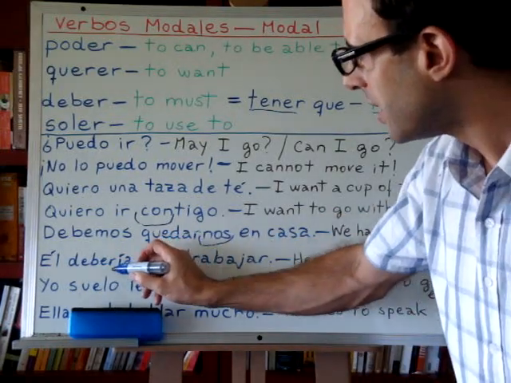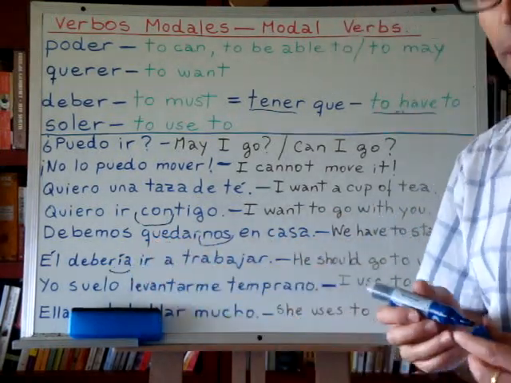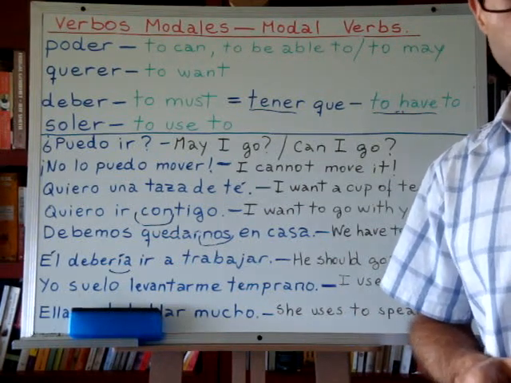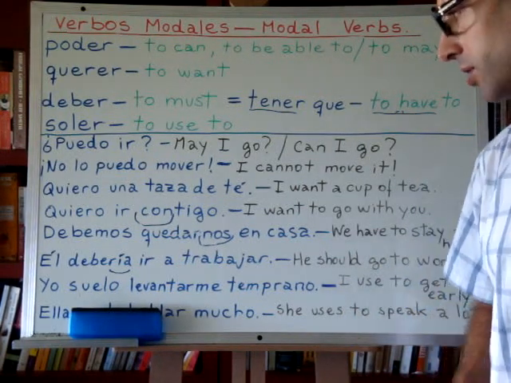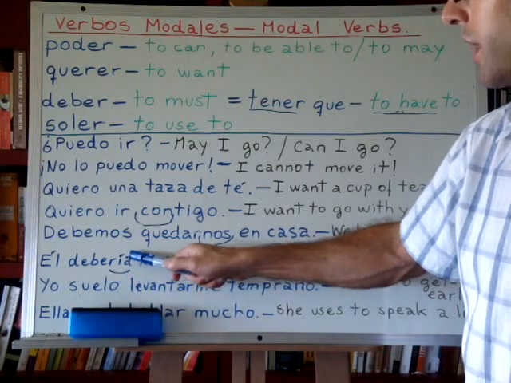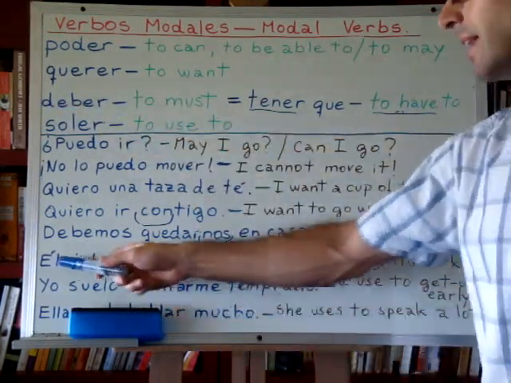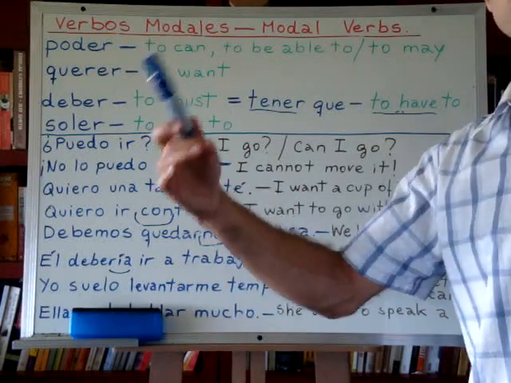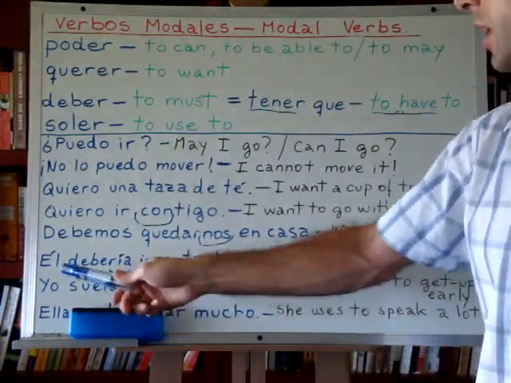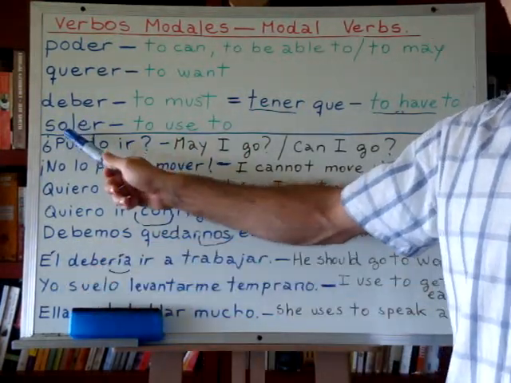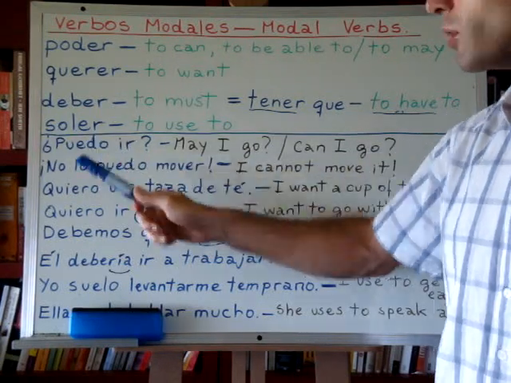This ending, ía, you see, is typical of the conditional tense in Spanish. Okay, so this is the conditional tense of the verb deber, right? Él debería, he should, conditional. Now with our last verb, soler, or to used to.